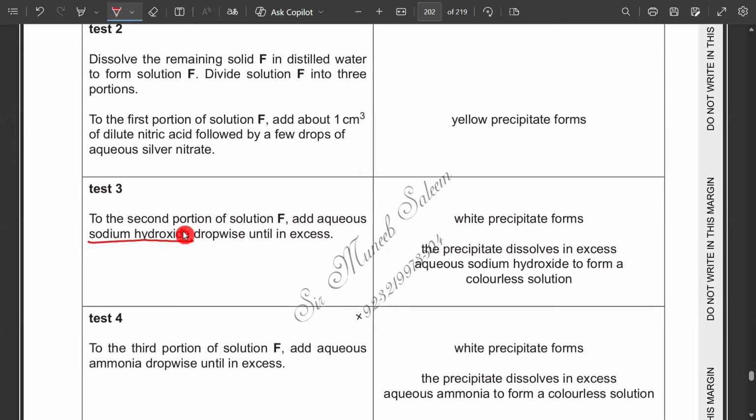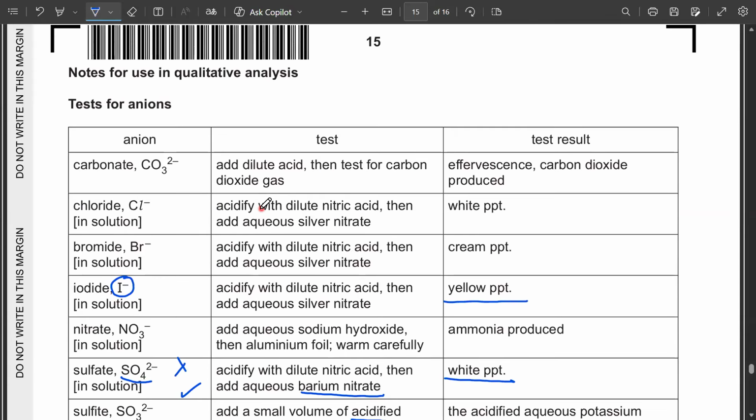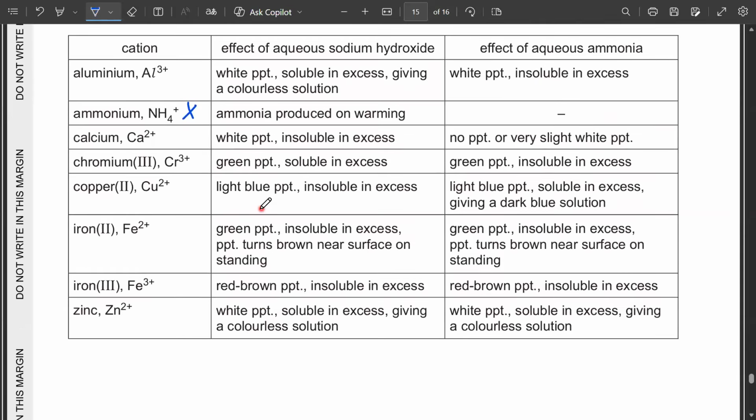So again, look at the qualitative notes. Under the section of cations, we can find the reaction with aqueous sodium hydroxide, in one case with drops and in the other case with excess. So you can see a white precipitate which is soluble in excess, giving a colorless solution.